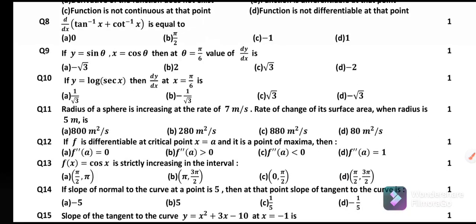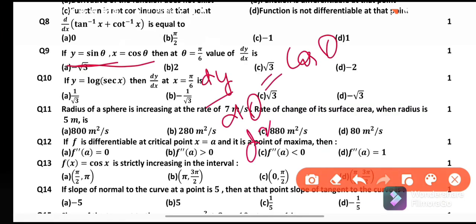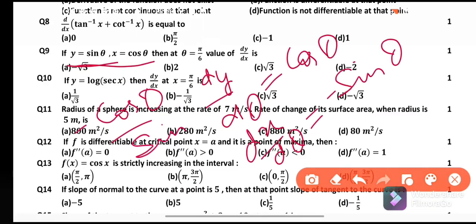Next question. If y is equal to sin theta and x is equal to cos theta, then at theta is equal to pi by 6, the value of dy by dx is, dy by d theta is equal to cos theta and dx by d theta is equal to minus sin theta. Now by solving this, dy by dx is equal to minus cos theta divided by sin theta.